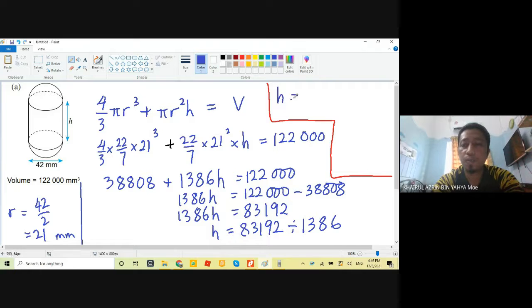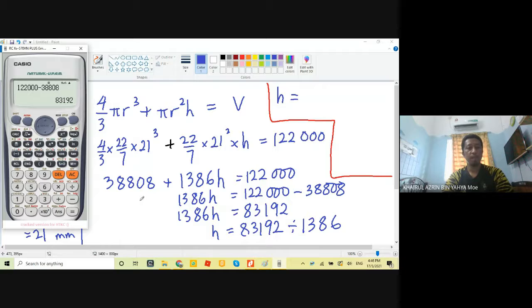H equals, so let's use the calculator. 83192 divided by 1386 equals.